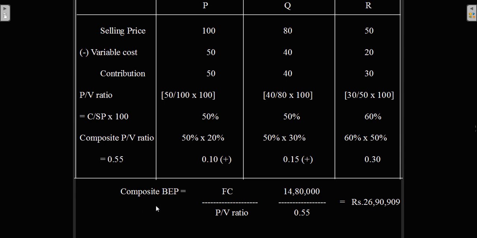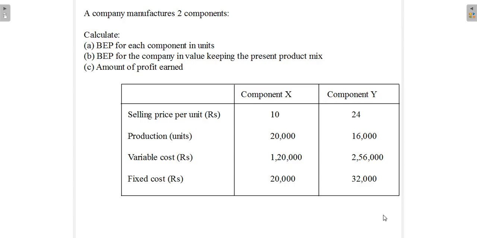So the composite break-even point is fixed cost divided by the composite PV ratio. Fixed cost here is 14,80,000 divided by 0.55. The answer for this question is 26,90,909 rupees.